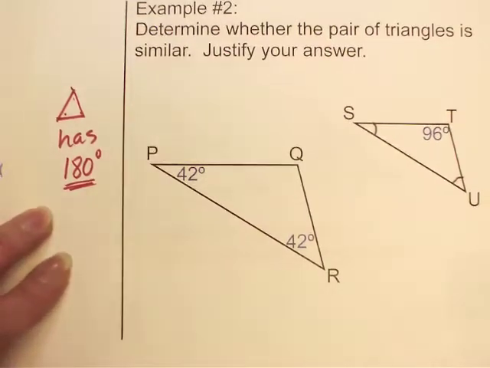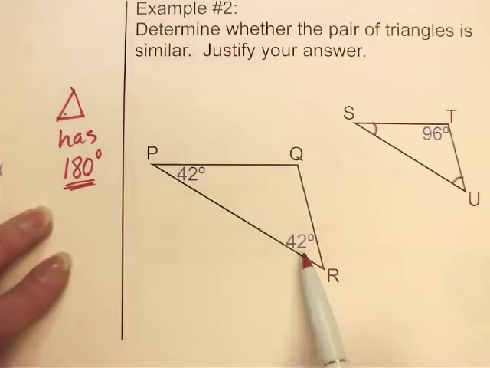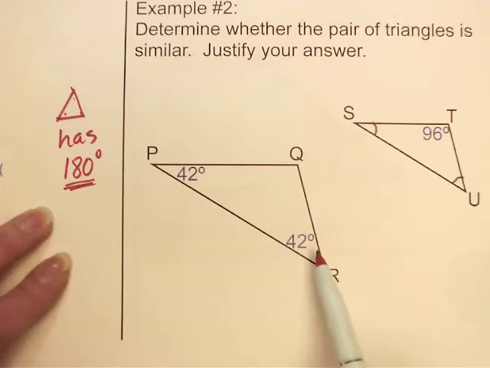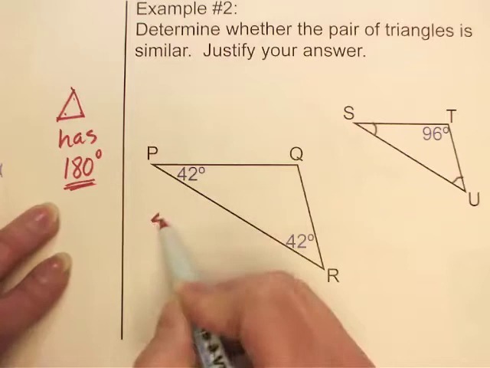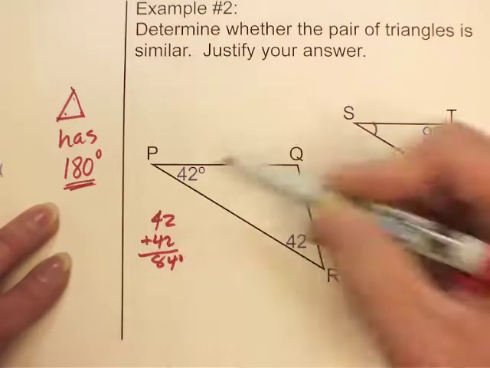Well, if you take a look, this is 42 degrees and this is 42 degrees, which means inside this triangle, these 2 angles are congruent. So they are the same. When I add these up, 42 plus 42 will give me 84 degrees. That's just these 2 angles.